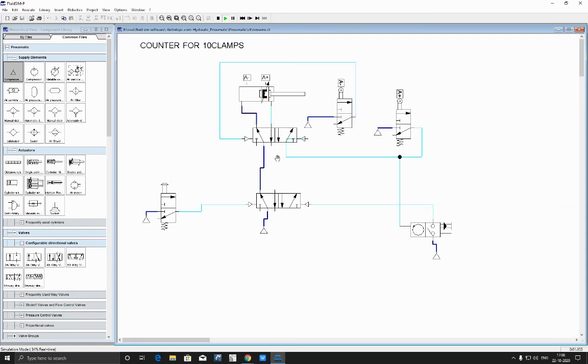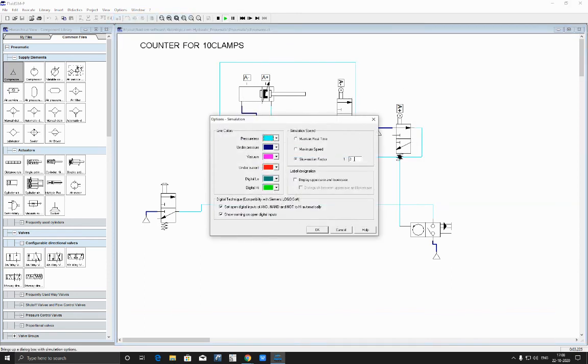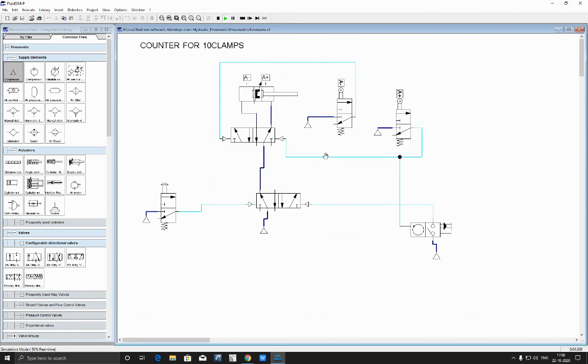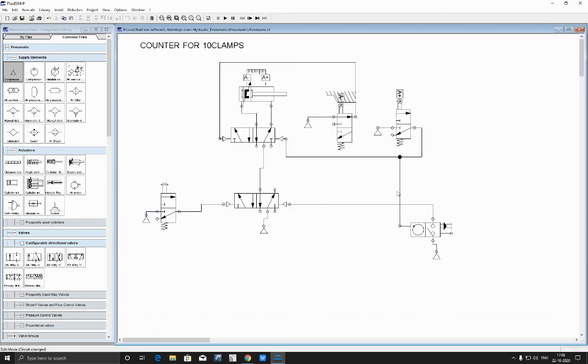Here we can see it moves forward and backward. Let us speed up the simulation. After 10 it has stopped, and now we need to reset.